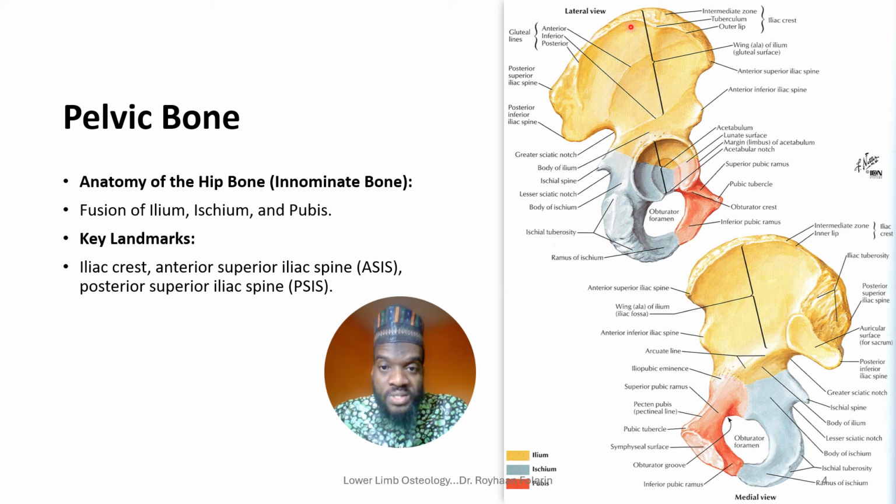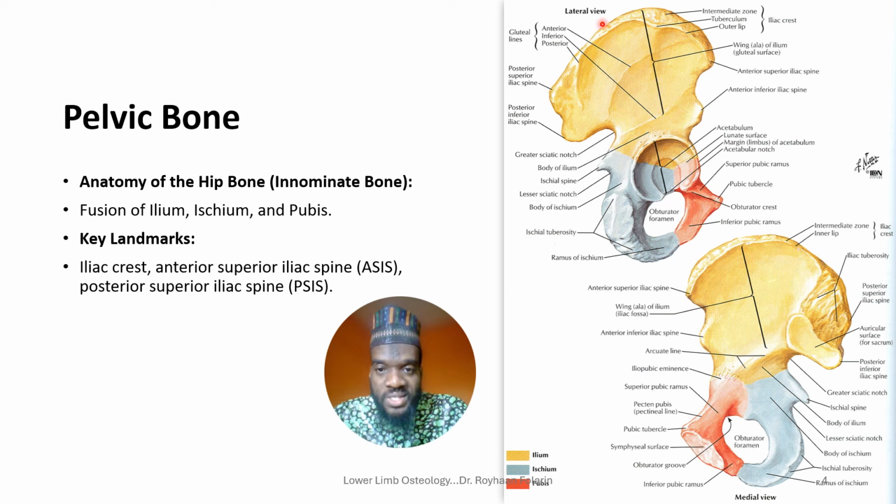So notice that on this region of the ilium, there is this region that is wing-like from here down here. So all of this is considered the wing, otherwise known as the ala of the ilium.